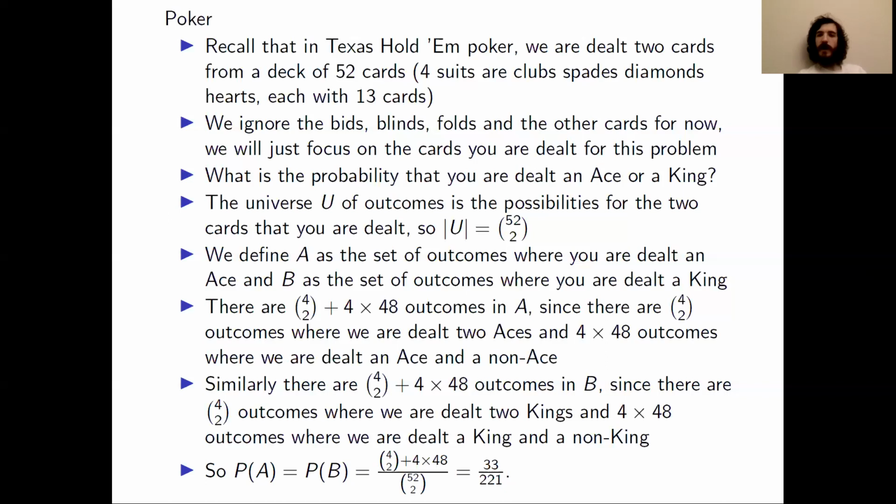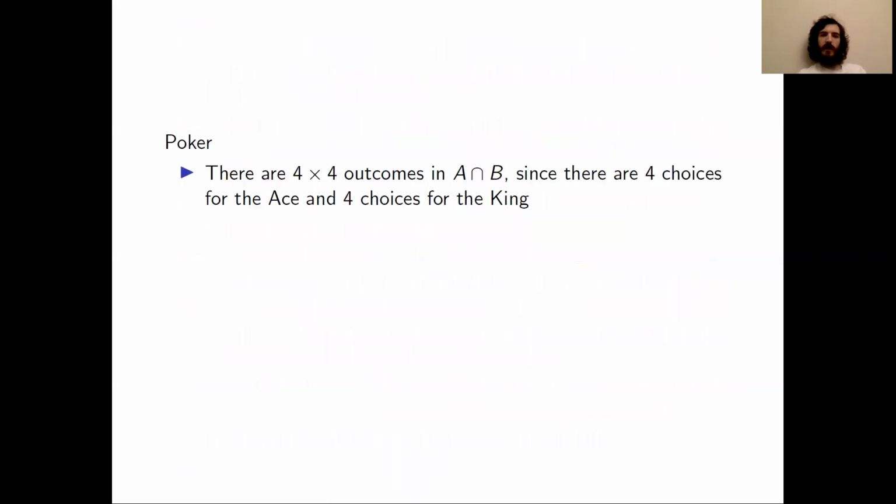Now, since we're applying the inclusion-exclusion principle and we're trying to find the probability of the union, we're going to look for the probability of the intersection. For the intersection, A intersect B, we see that there are only 4 times 4 outcomes. Because A intersect B, these are the outcomes where we are dealt both a king and an ace.